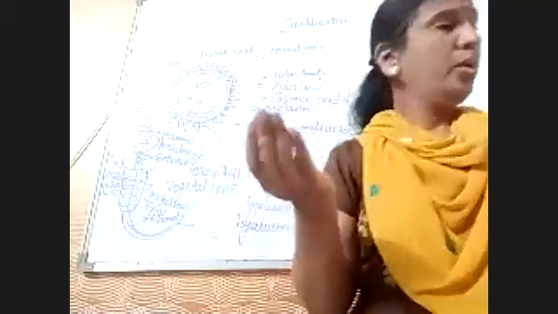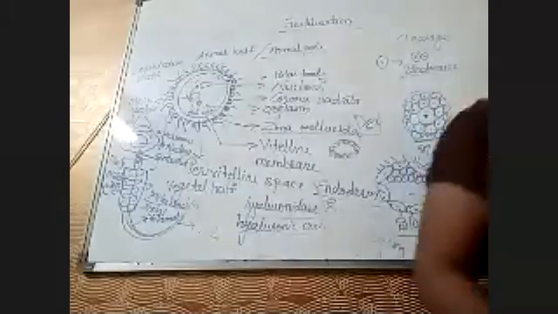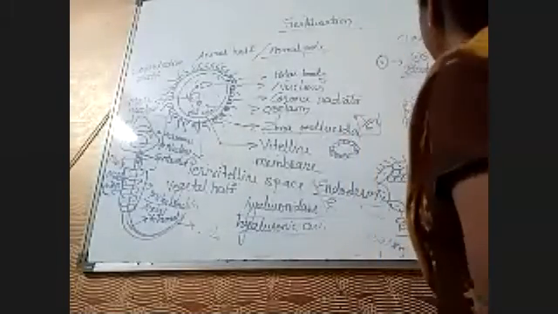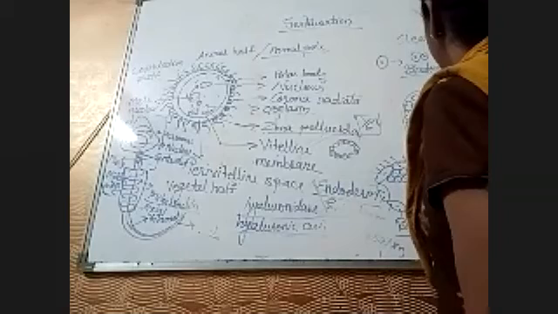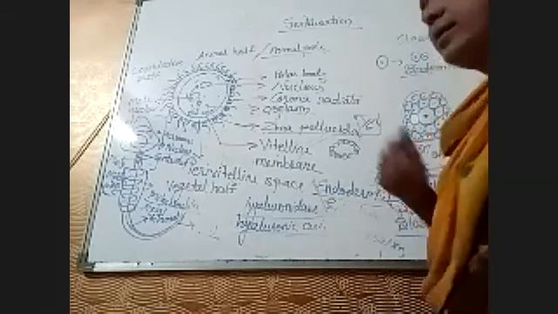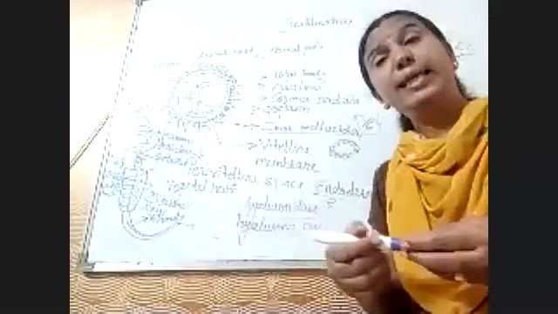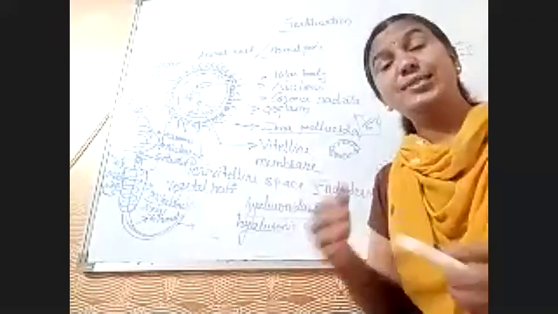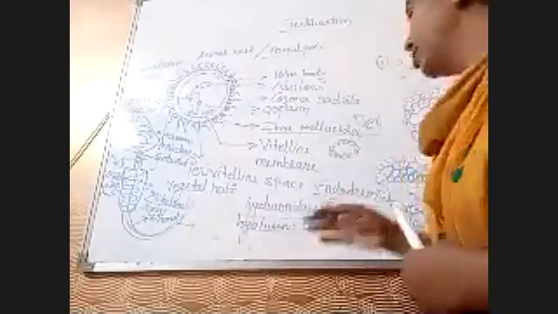When the second cleavage takes place, they will arrange like this, 4 cells. After that, the 8 cells will divide into 16, and then 16 will divide into 32 cells.